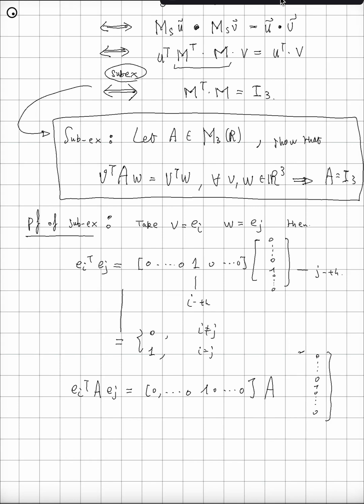So this would be just first row, first column, thinking of A as column vectors.